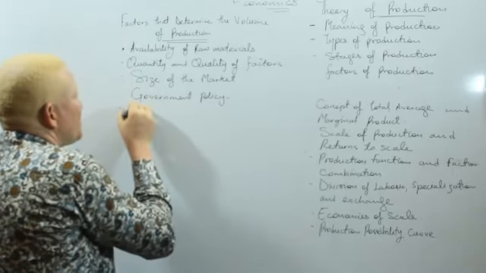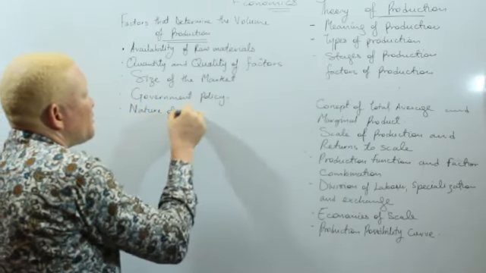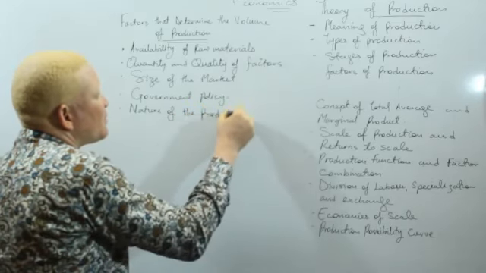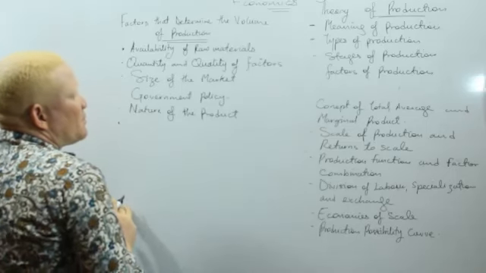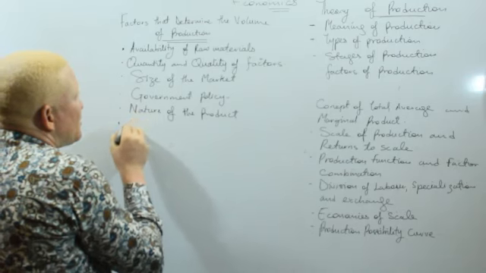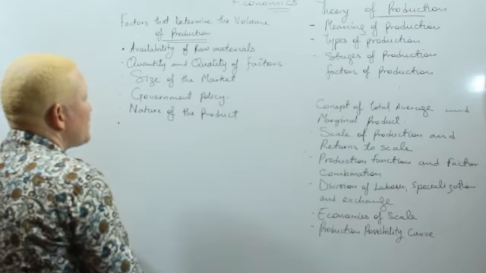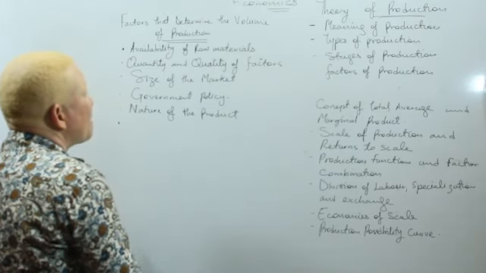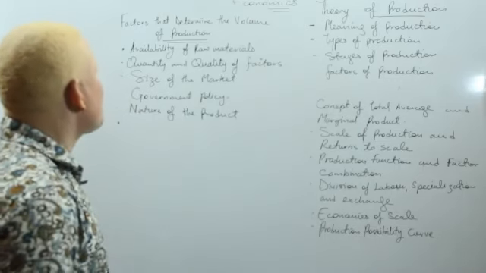Five, the nature of the product involved. Six, we talk about the scale and materials, let's use that.